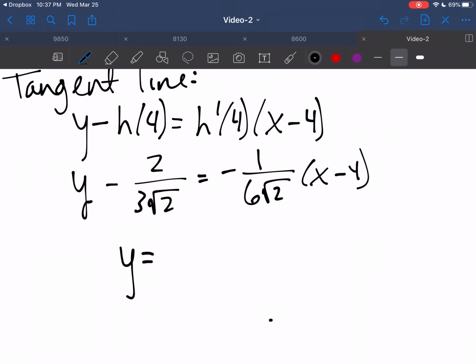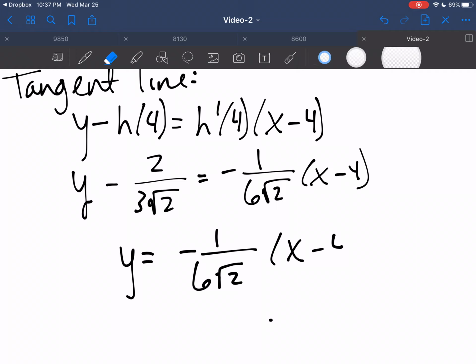Okay, solve for the equation of that line. Sorry.